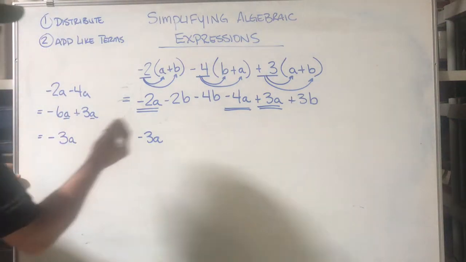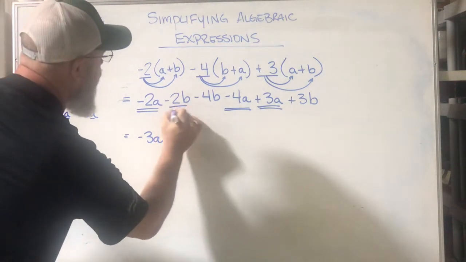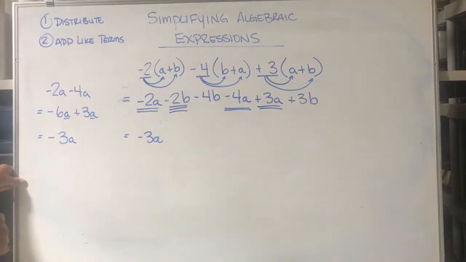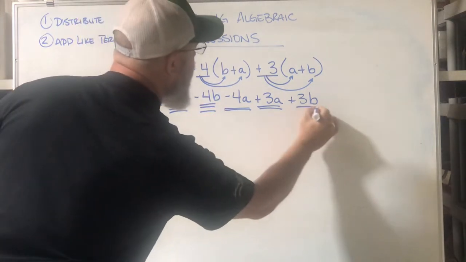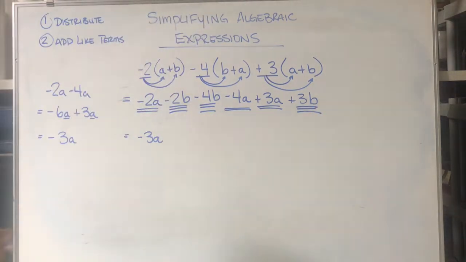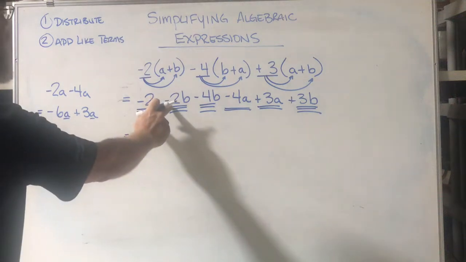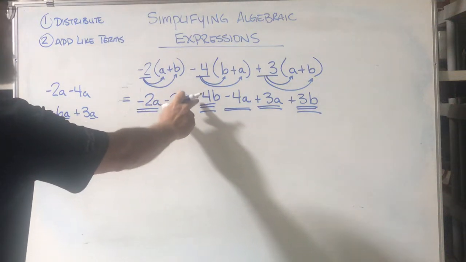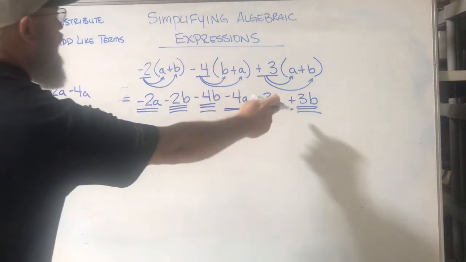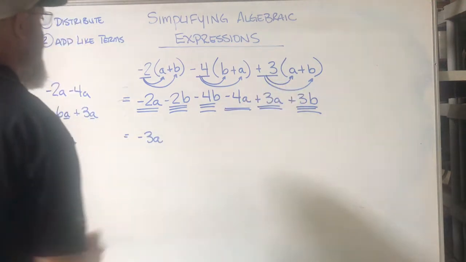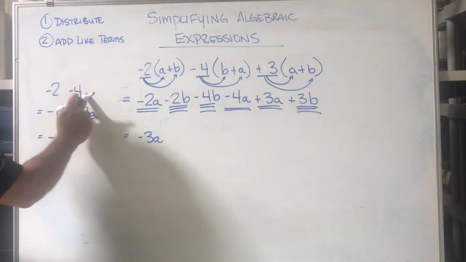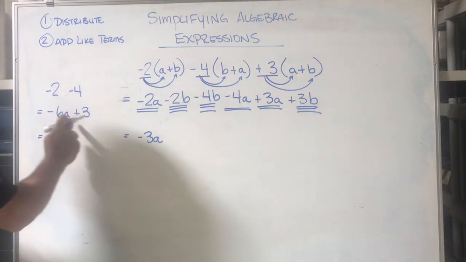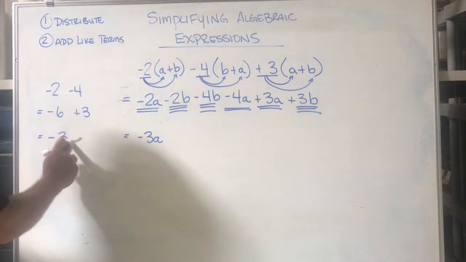All right? Then we look at our other variable, which is b. And I've got a negative 2b, I have a negative 4b, and I have a positive 3b. All right? Well, all I have to do is change these guys, right?